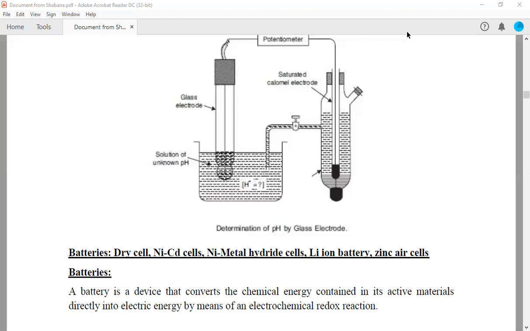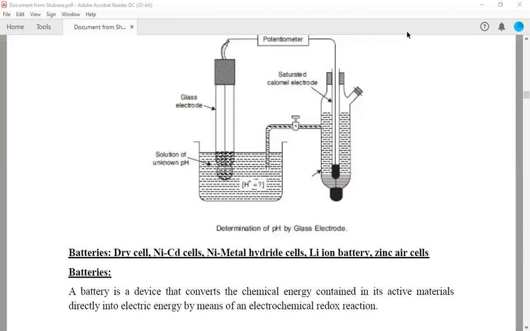Before going to the dry cell, the lithium ion battery and the zinc air batteries, first we have to know what a battery is, how it functions, what the construction of the battery is, and what the actual reactions taking place inside the battery are.